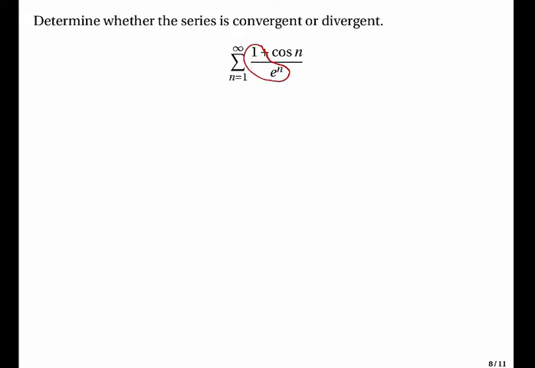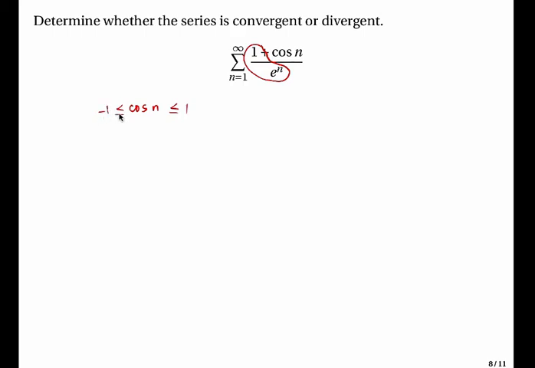Before we do that, first, let us have the following analysis. We know that cosine of n is less than or equal to 1, but greater than or equal to negative 1. But we will not need this.